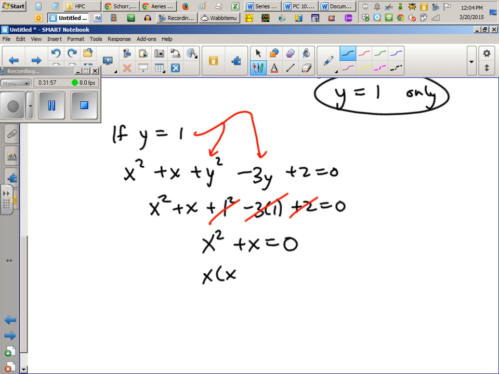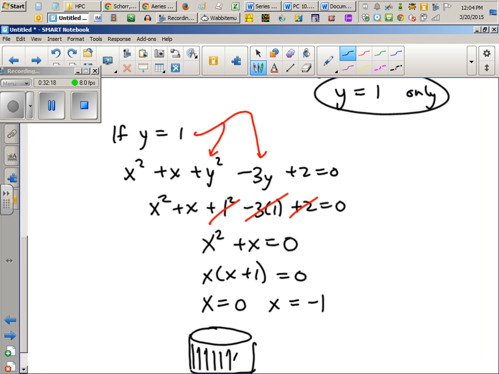means what? X is, factoring, we get what? X is 0, x is negative 1. But we said what earlier? If we ever see x equals 0, we're going to do what? No, we're going to put them in the trash can. You weren't listening.